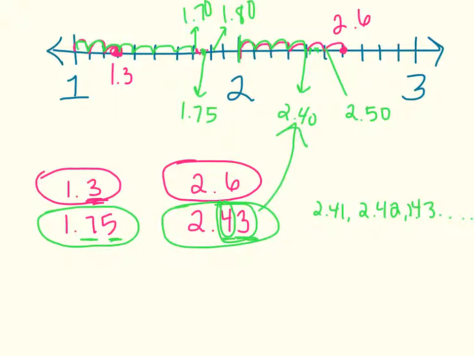So when I plot this decimal, because it's in the hundredths, I can't be exact, but I know that I'm going to plot it a little bit closer to the 40 hundredths than the 50 hundredths. And it's important that when I'm labeling numbers on a decimal line that I always label the point so that if someone else were to look at my work, they would know that my exact point right here is 2 and 43 hundredths.